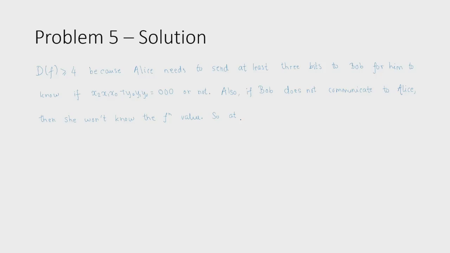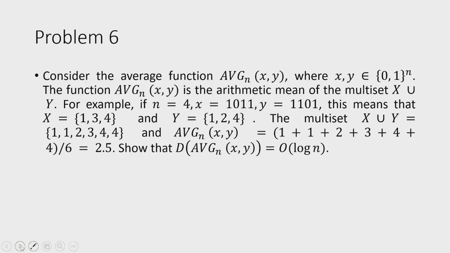So at least 4 bits need to be communicated. Is this fine? I mean, this is not a formal argument, but this can be made formal. So let's move on to the next problem.